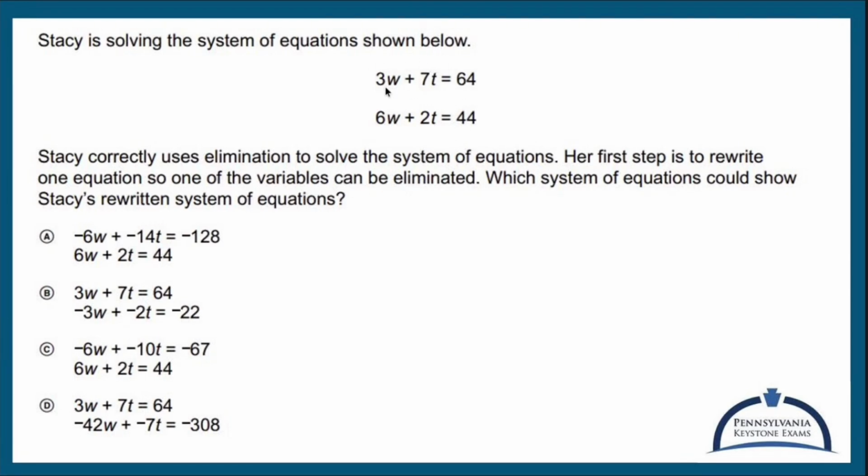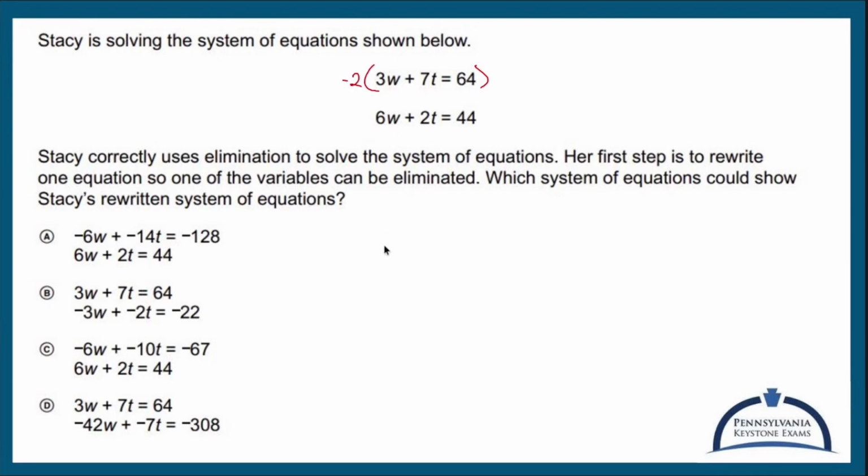So when I look at this, what I would probably do is multiply the top equation. I'm looking at the w's, because if all I did was multiply the top equation by -2, then I have -6w on the top and regular 6w on the bottom. I don't want to mess with the t's, because you would have to do two different things.